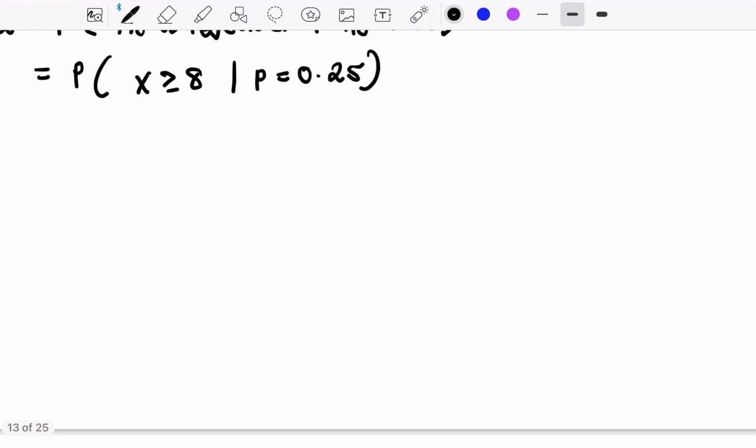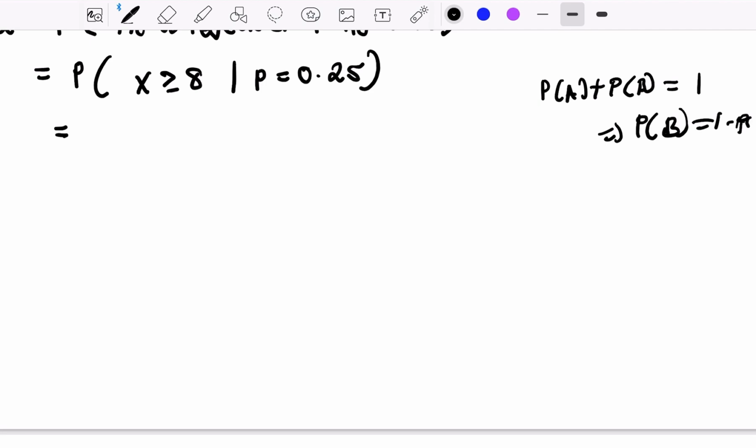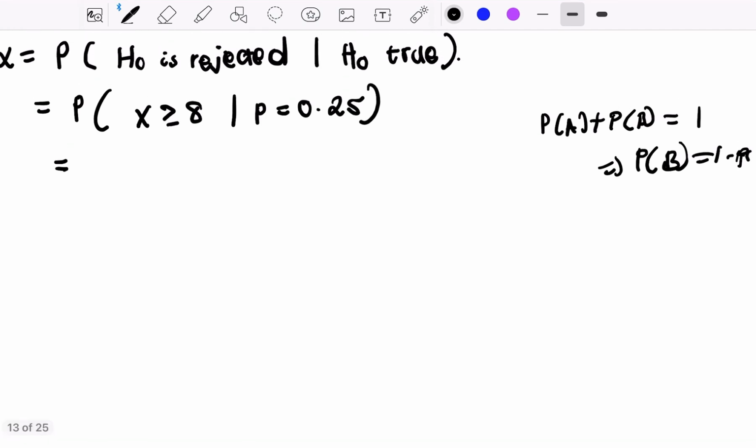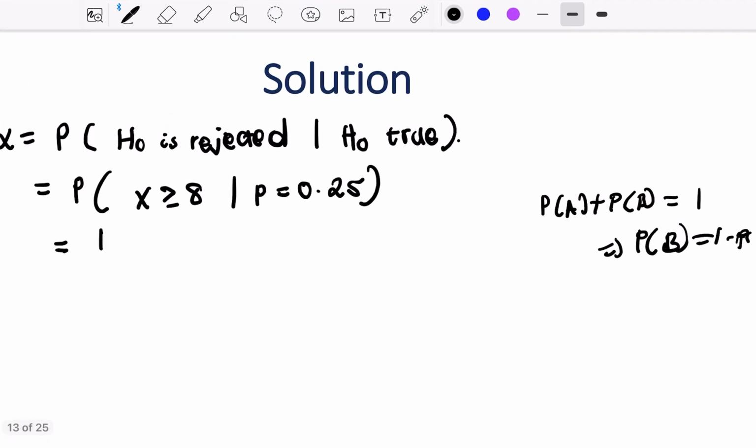Now remember, probability of A plus probability of B in the same vector space is 1. This implies that probability of B is equal to 1 minus probability of A. So we're going to apply the same logic. This will be 1 minus the probability that X is less or equal to 7 given p is equal to 0.25. Why? You are dealing with a discrete case.